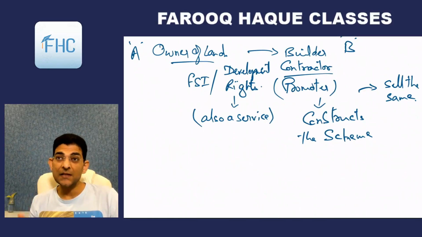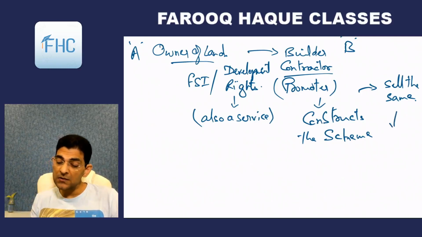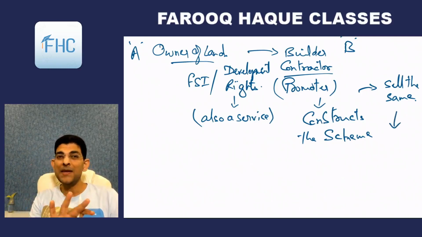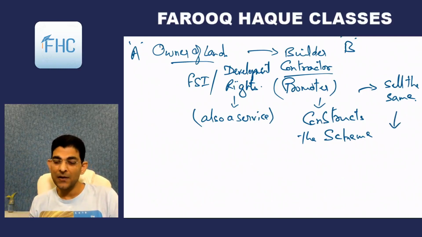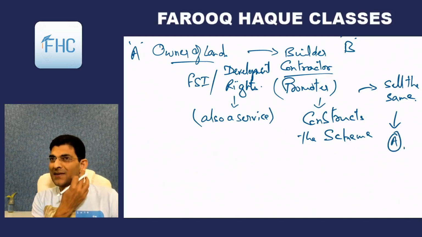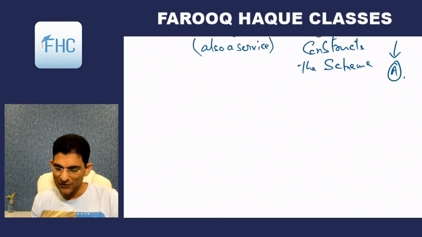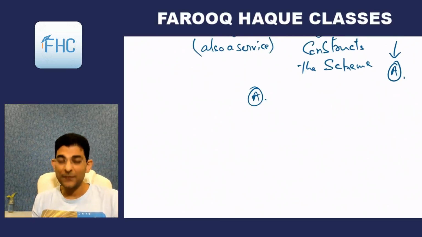So when he sells it later on, will this be taxable? Making and selling, will this be taxable? So answer is yes and no. So this taxability we'll discuss right now. So just put an A there, or if you have a bigger page there, you can write below it itself. I'll write it here.